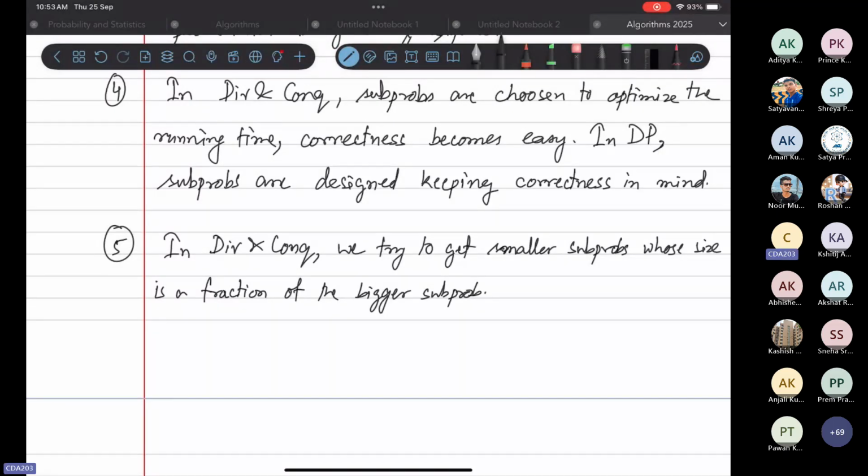Why is that? Why are we always trying to get to a subproblem whose size is a fraction of the original problem? Can anyone think of that?